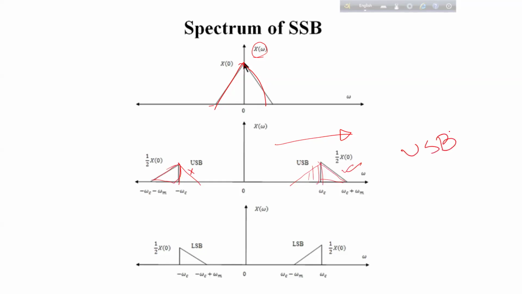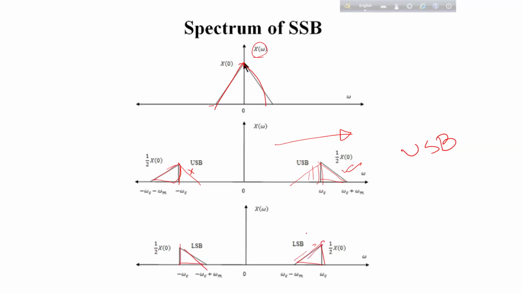Again, if we pass the modulated signal through a low pass filter, which will only allow the signals less than omega c, then the lower sideband will be allowed and the upper sideband, which is higher than omega c, will be cut off. So this is how we can get the lower sideband.